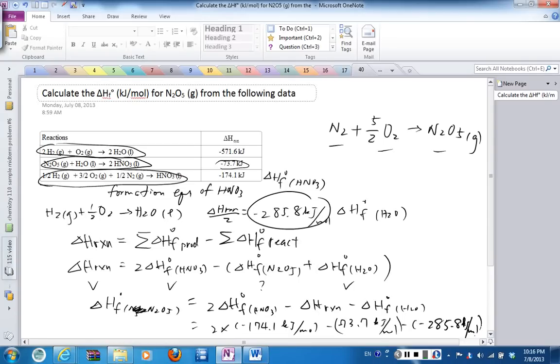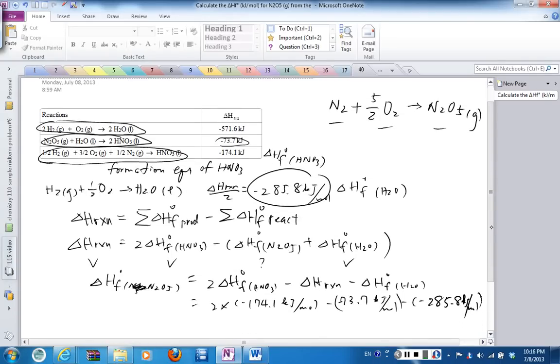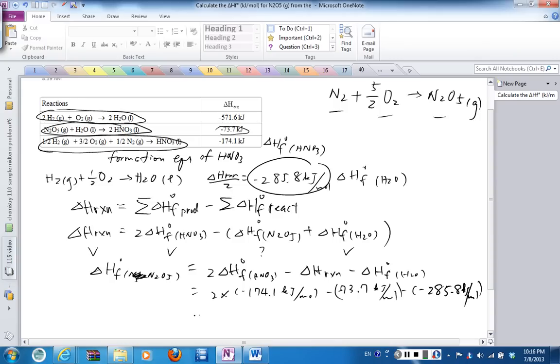And the final result: positive 11.3 kilojoules per mole for the standard heat of formation of N2O5.